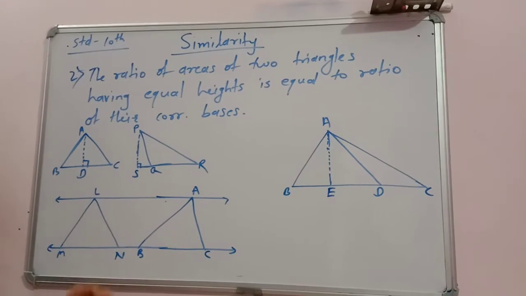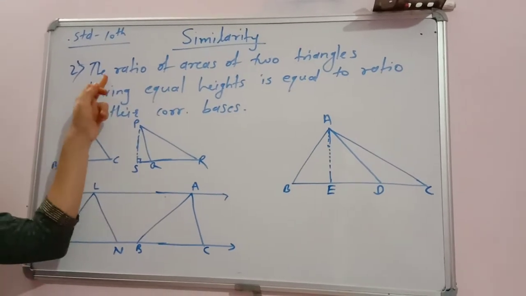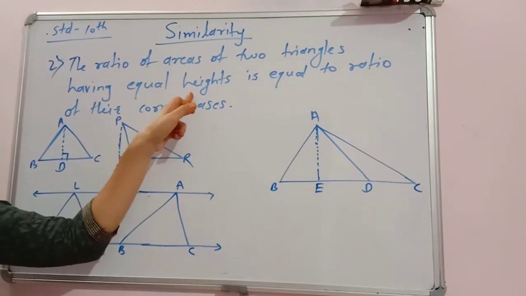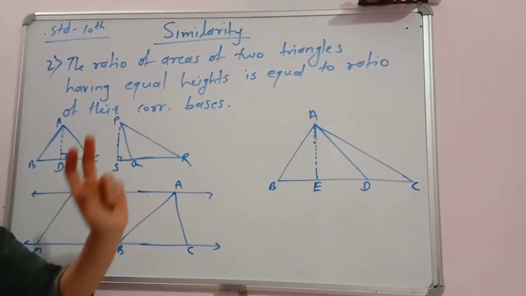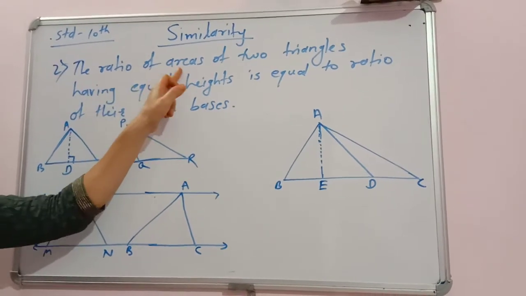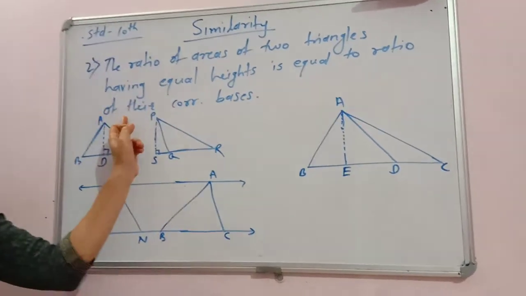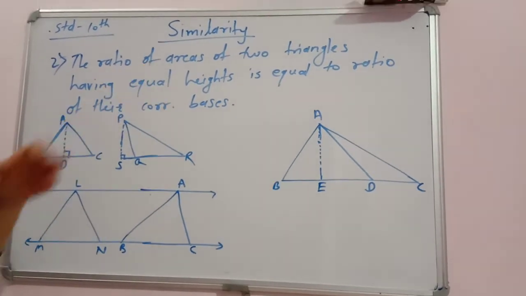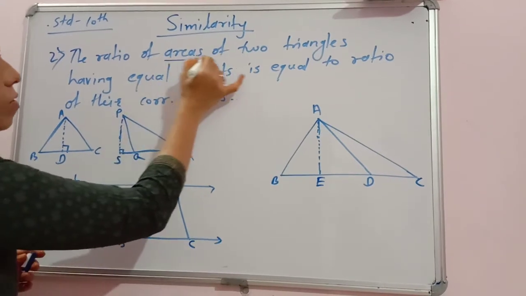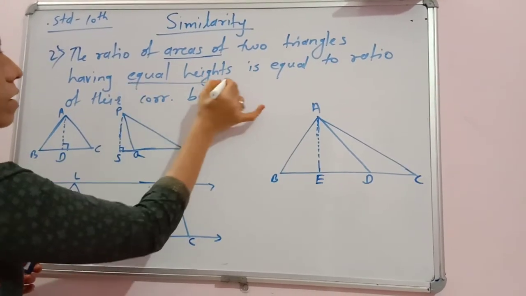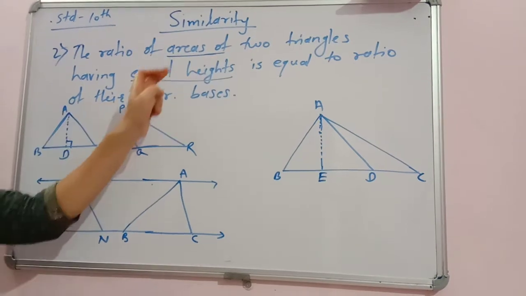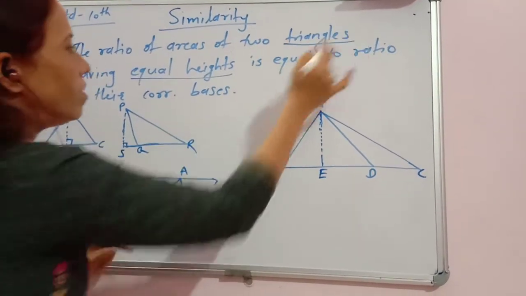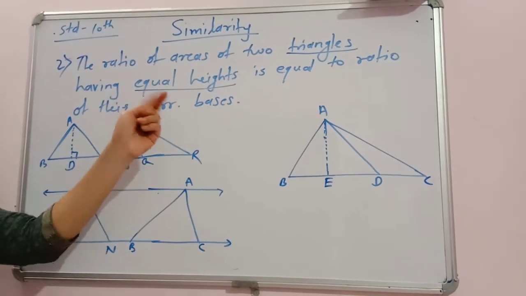Okay, now the next property, that is the ratio of areas of two triangles having equal heights. When the two triangles have equal height, then the ratio of their areas is equal to the ratio of their corresponding bases. Now you should understand the concept: the triangles which have equal heights.